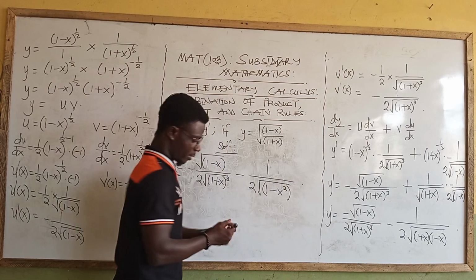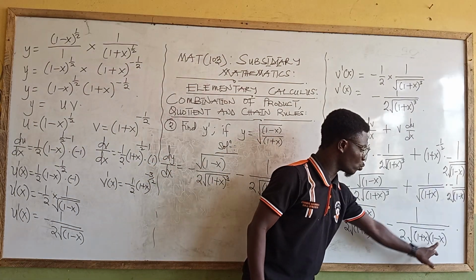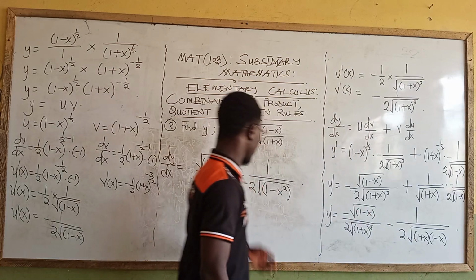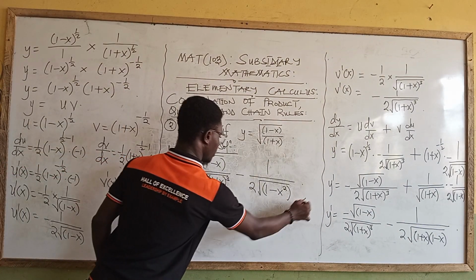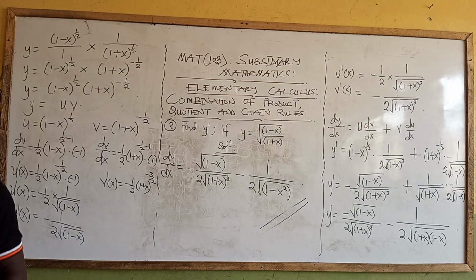That's the difference of 2 squares. Right. So this is our derivative of y with respect to x. Very, very simple and very, very trivial as well.